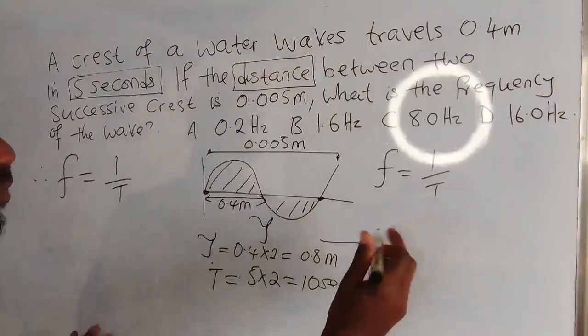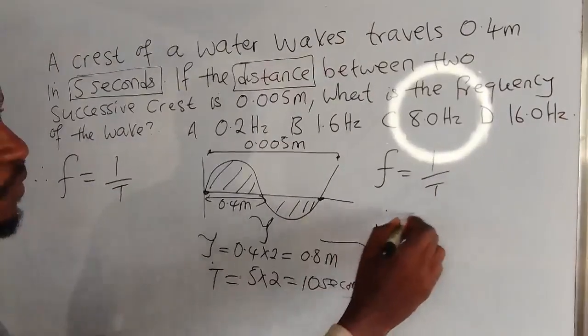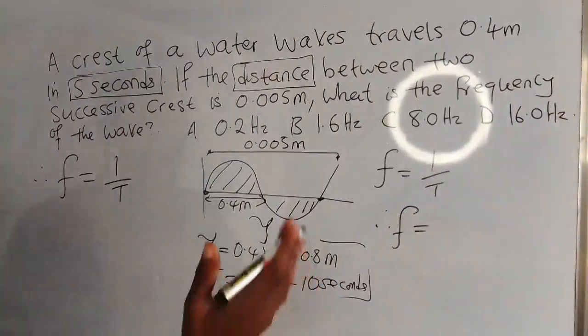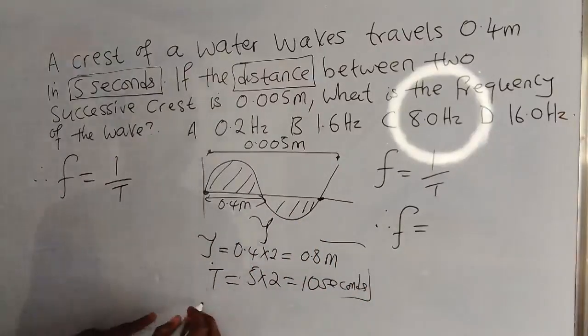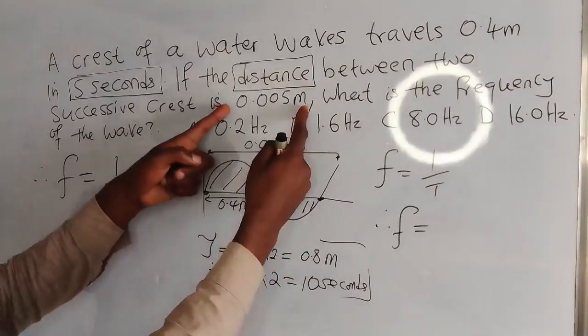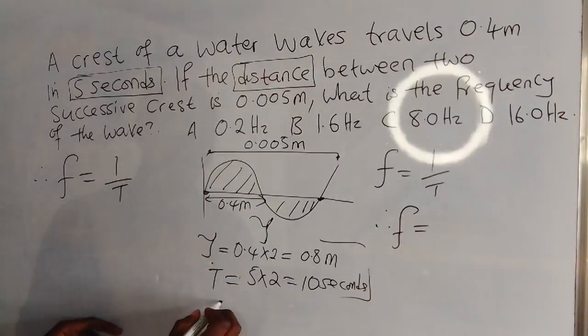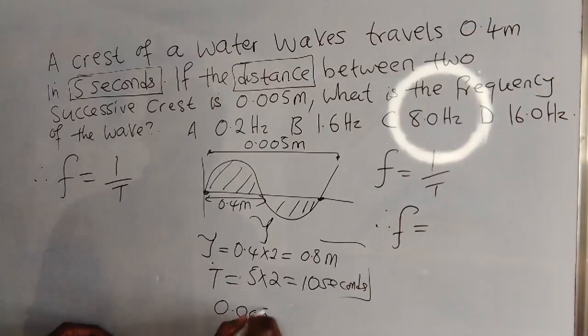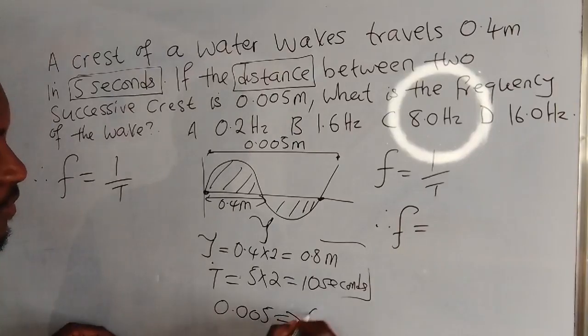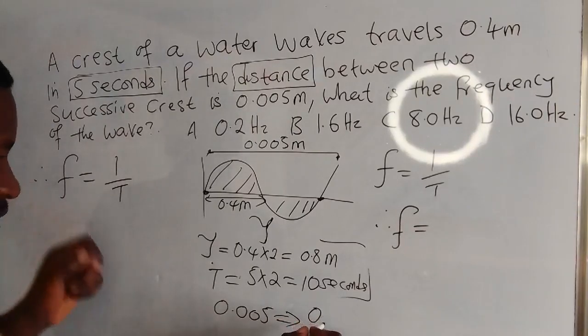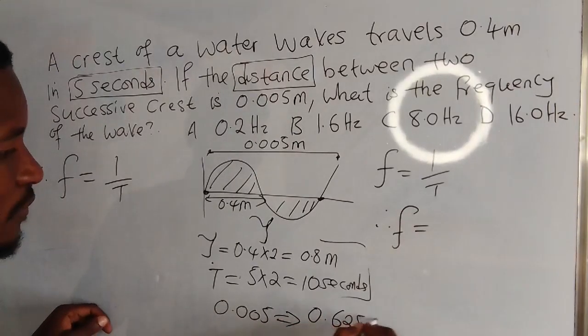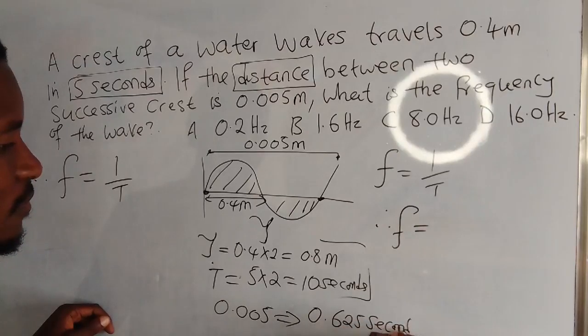So once you find the time, we can plug it in. Therefore the frequency is now going to be, because we now know how long it takes for the wave to move this distance, in 0.005 it was taking 0.625 seconds.